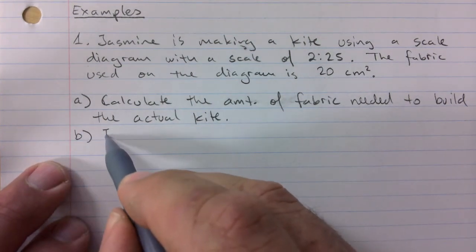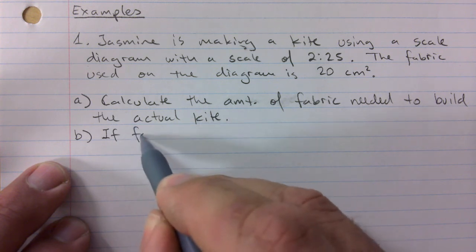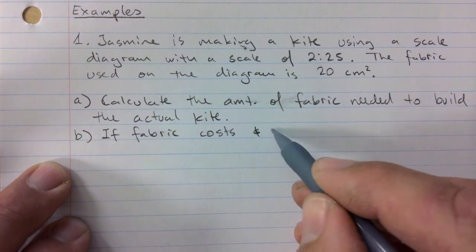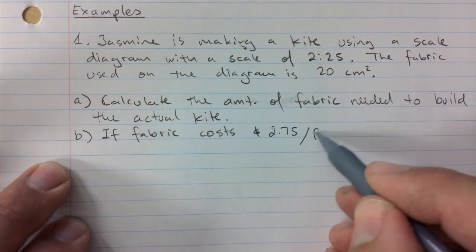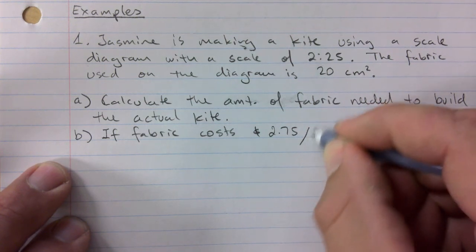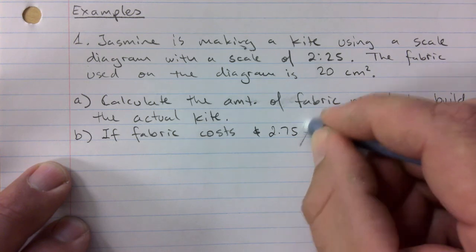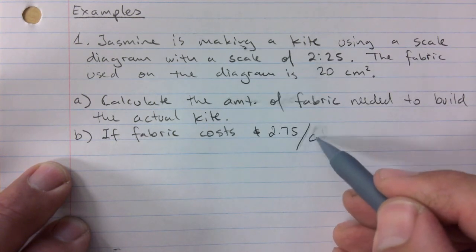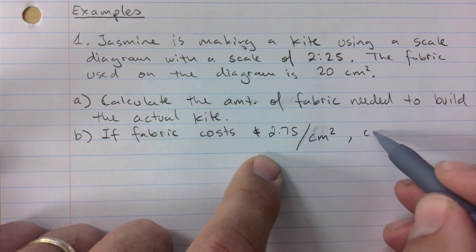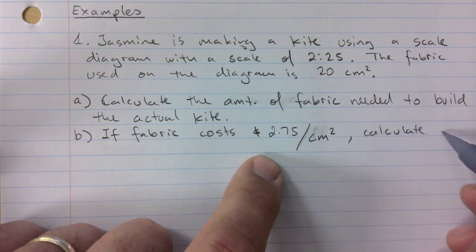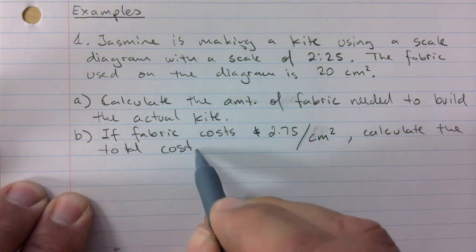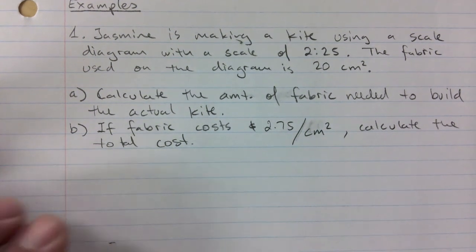If fabric costs $275 per square foot, sorry, not square foot, square meter, per square centimeters, calculate the total cost.